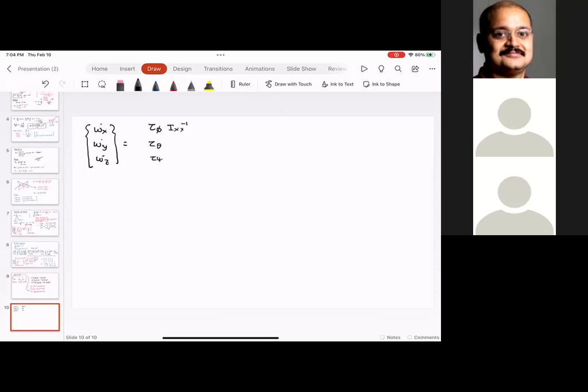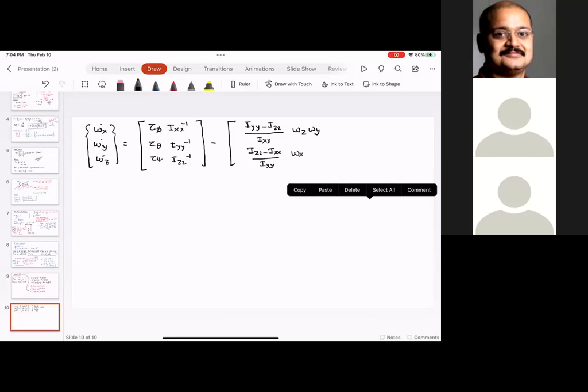Ixx inverse, Iyy inverse, Izz inverse, minus Iyy minus Izz divided by Ixx omega z omega y, Izz Ixx Iyy omega x omega z, Ixx minus Iyy Izz omega x omega y.